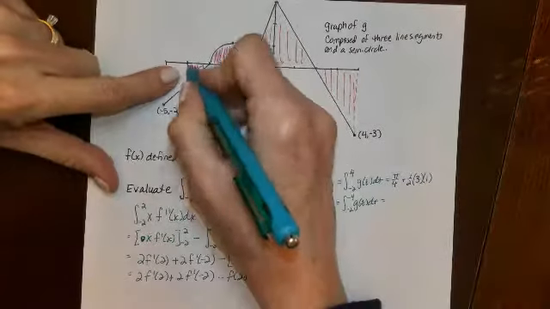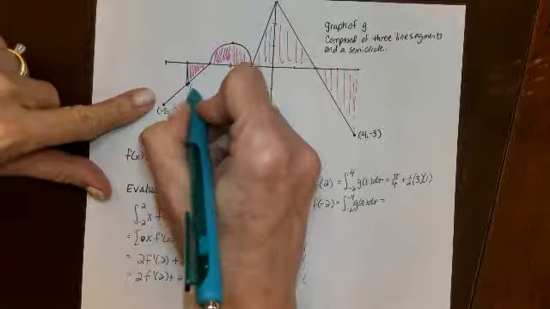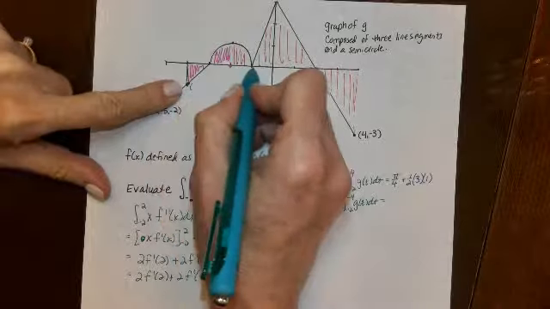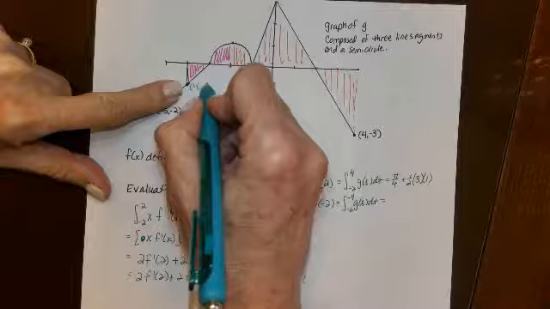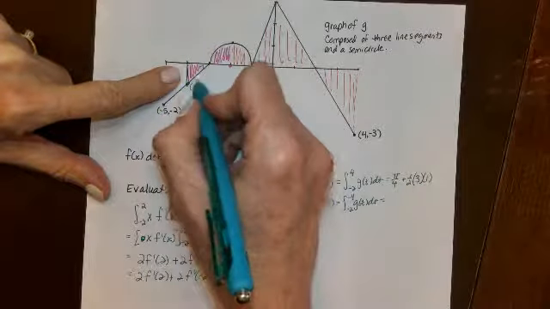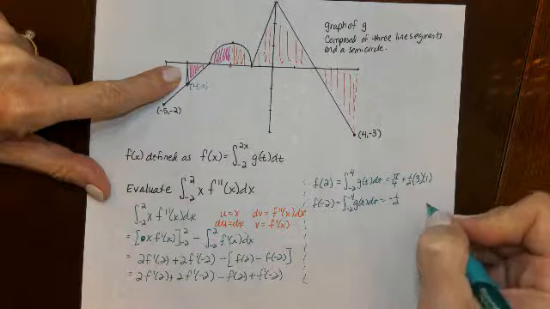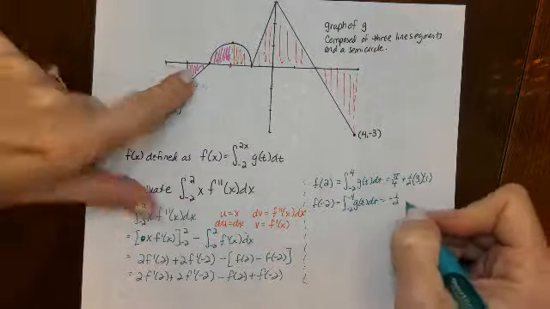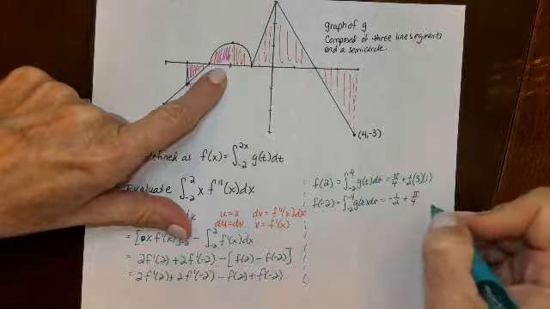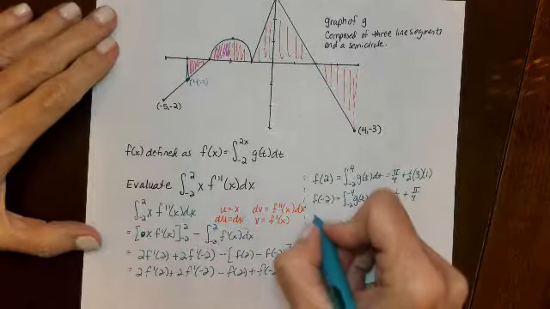So for this piece, since this is a straight line, the y value is -1, this is 4, -1. So this is just half of a square, right? That's just half of a square. So that's negative 1/2 because it's below the x-axis, plus pi over 4, 1/4 pi r squared. So I got those two pieces.